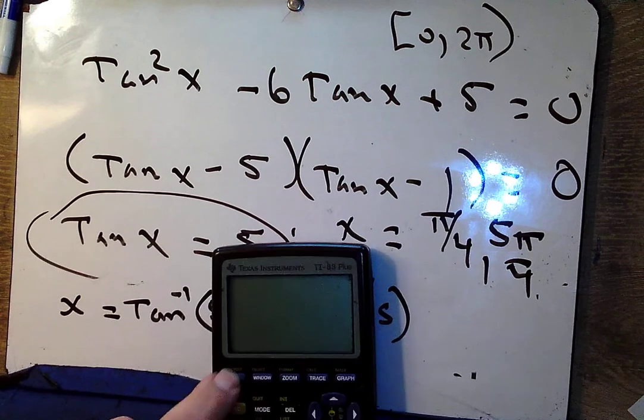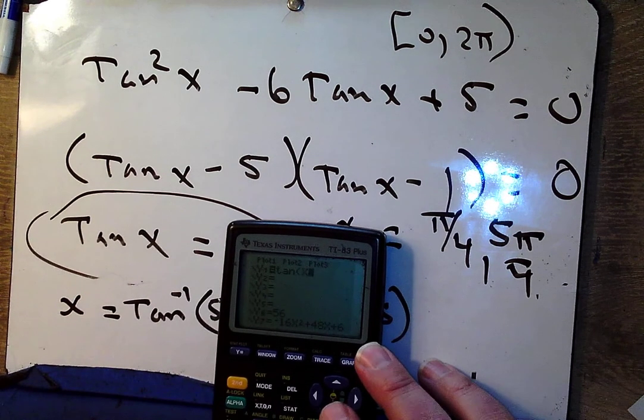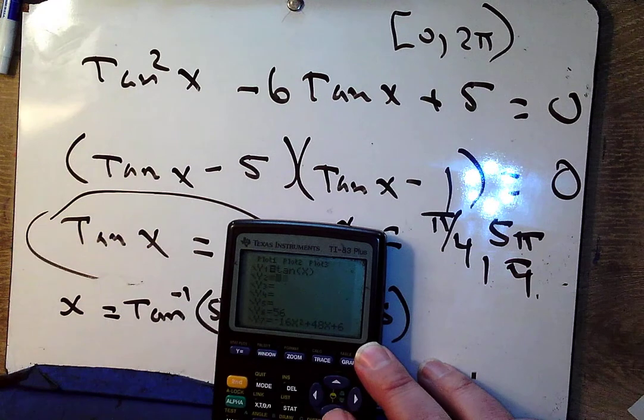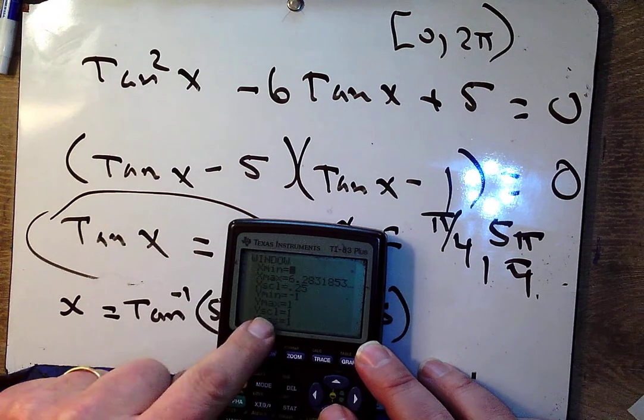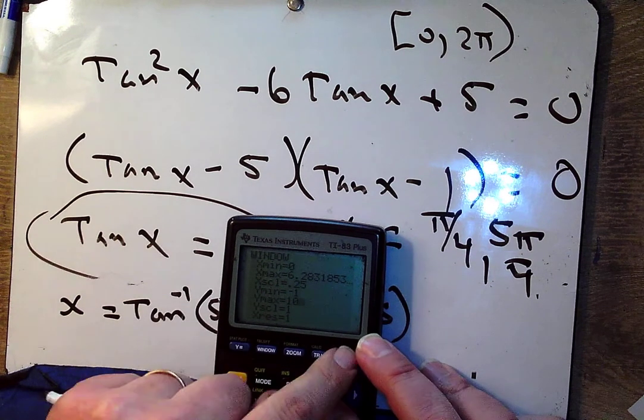The way you're going to find this is you're going to graph tangent, and you're going to graph the line 5. Better change that viewing window so it goes up to 5. Let's say that. And graph.